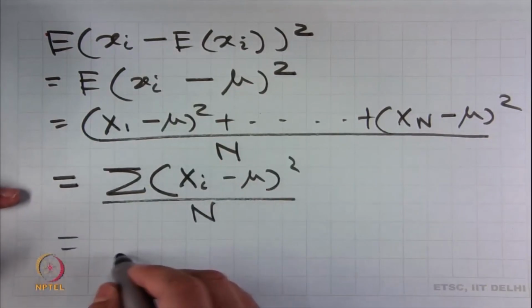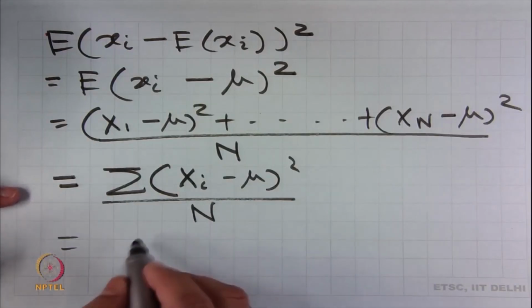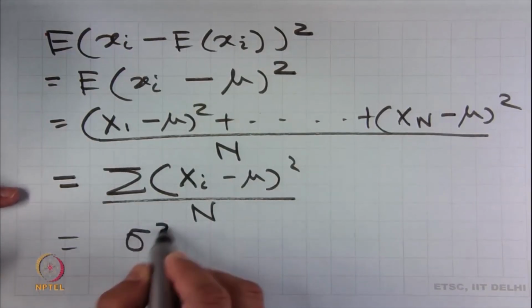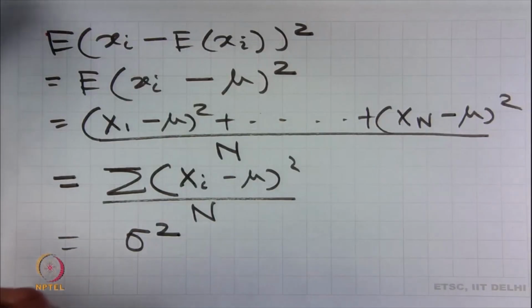This is nothing but the population variance, which is sigma square.